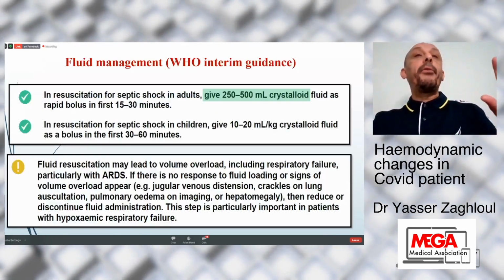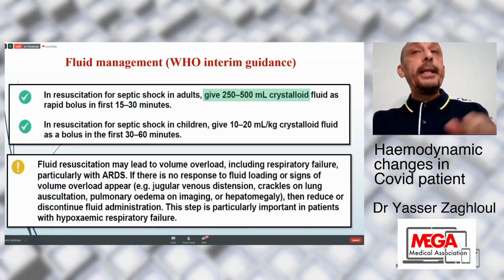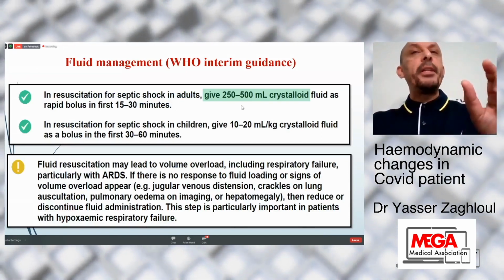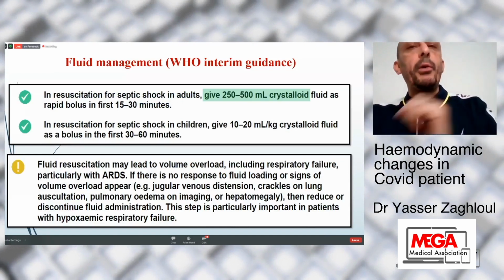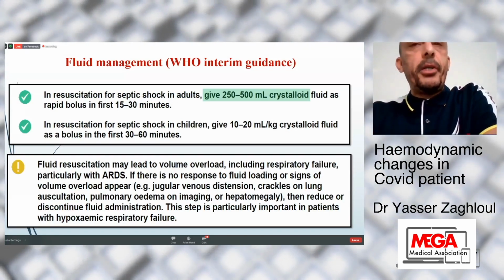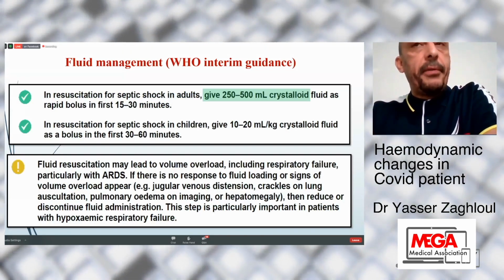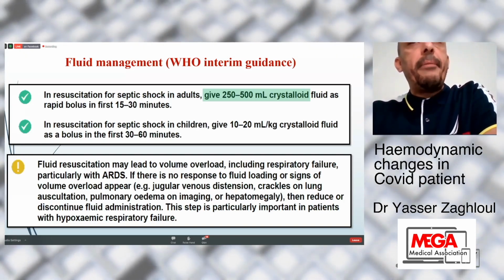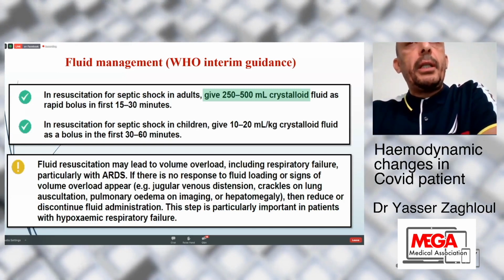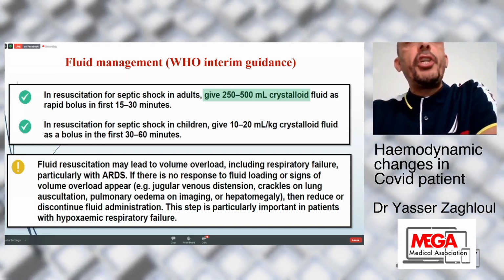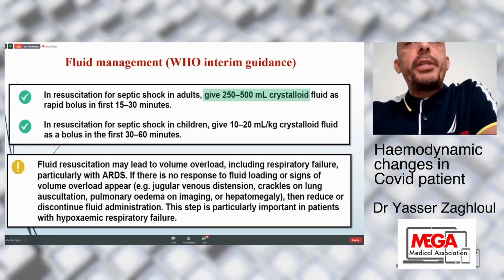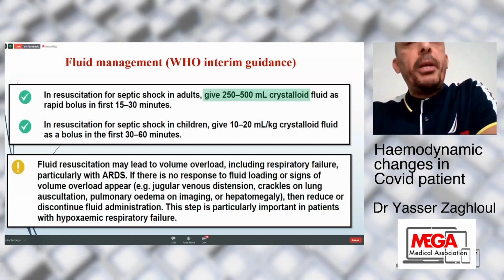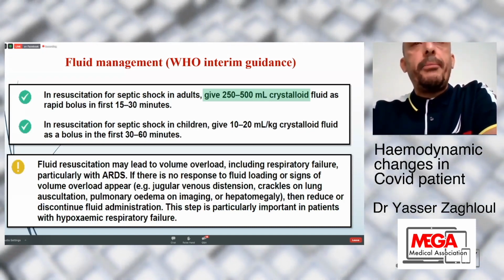So for the WHO interim guidance, they recommended a smaller volume. If you remember, when you are resuscitating a patient with sepsis, according to the Surviving Sepsis Campaign guidelines, you are giving 30 ml per kg. So in a 70 kilo patient, you may use initially 2 liters. Here is conservative management, because a COVID patient may come not in shock, not in septic shock.